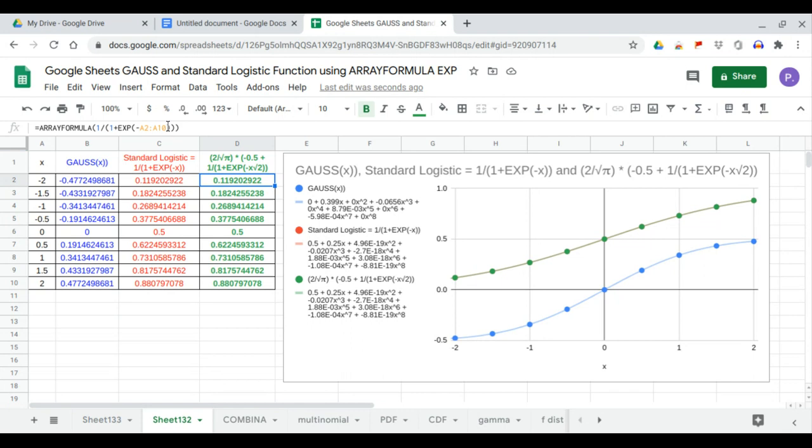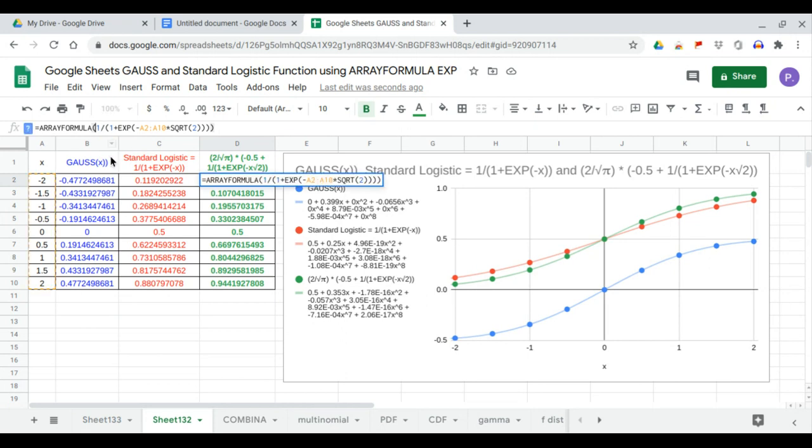So this is times square root of 2. Then factor in plus 0.5. So we add 0.5. So that's 1 over plus 0.5.